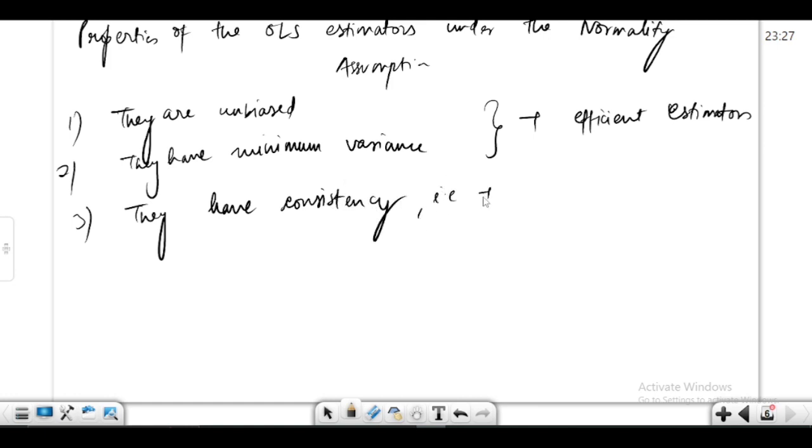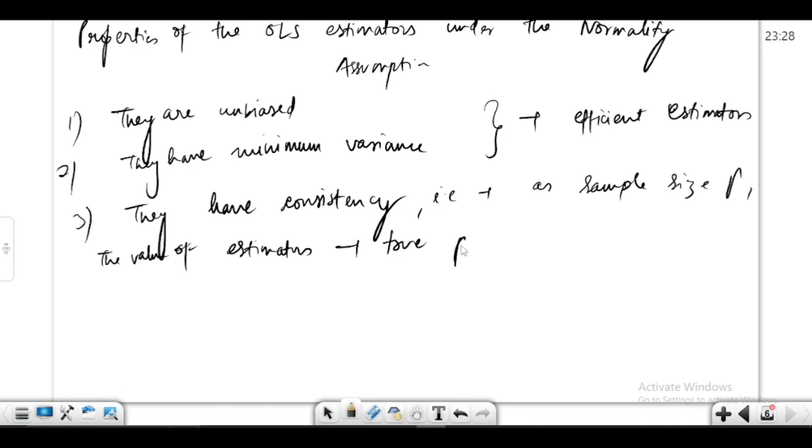That is, as sample size increases, the estimators converge to the true population values. The value of the estimator becomes closer to the true population value.